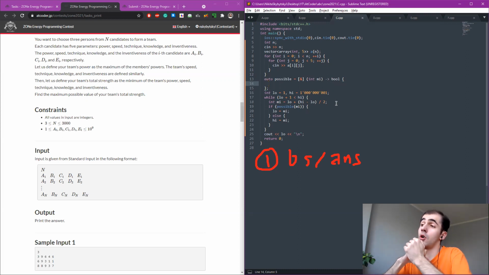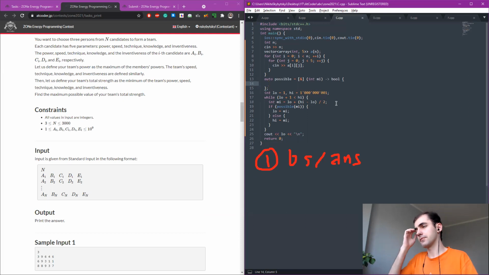So it means that all their parameters are at least middle, and all the parameters of the team are the maximum of the members. So for every member, we are just interested if it has a value greater than, equal to, or smaller than middle.